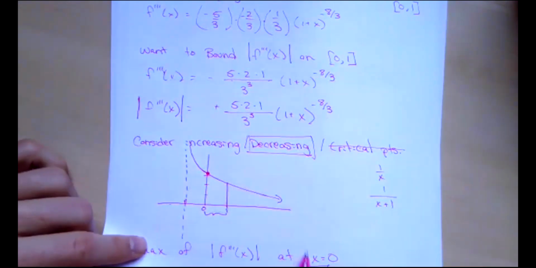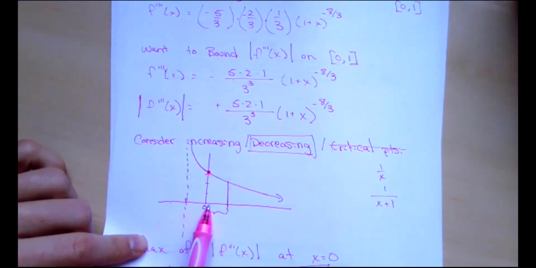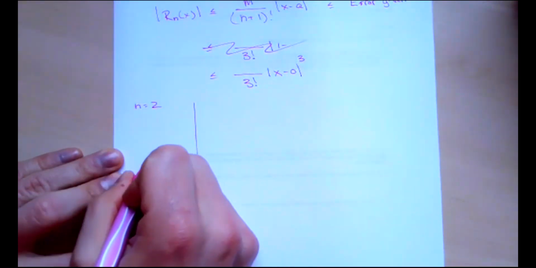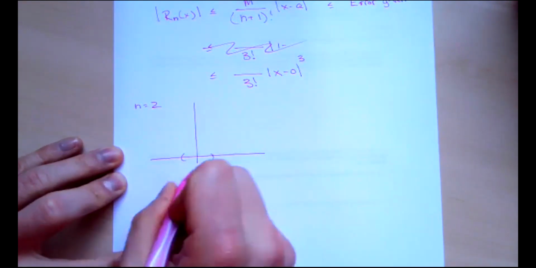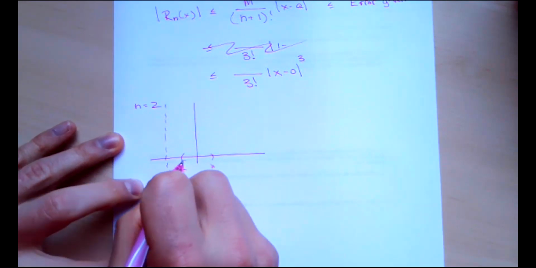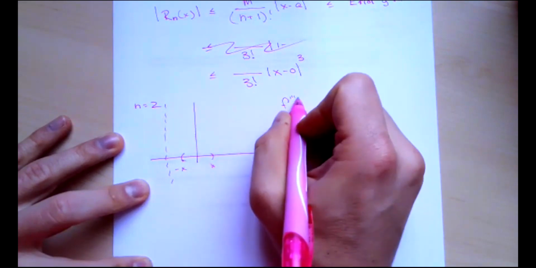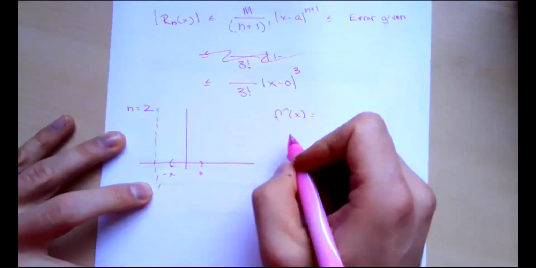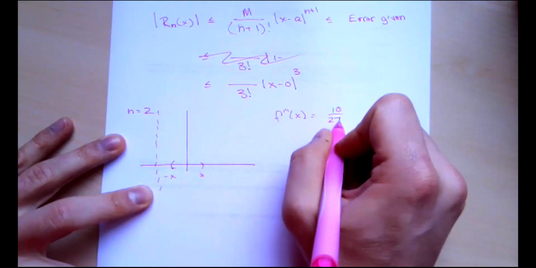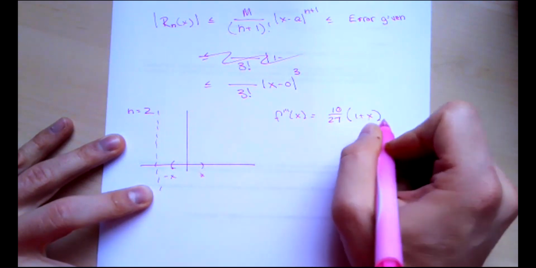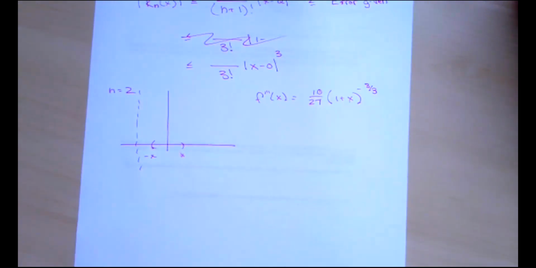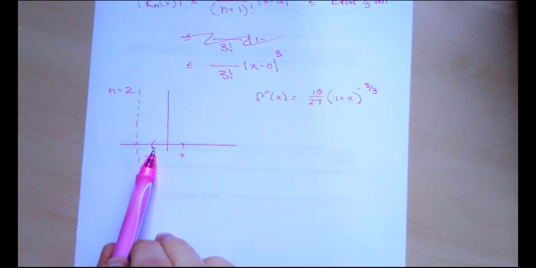Unfortunately, we've got to change it because now we're on an interval from minus x to x. Where is the maximum going to be? What did we have? We had 10 over 27, 1 plus x over negative 8/3. So the maximum is just going to be at the left end.